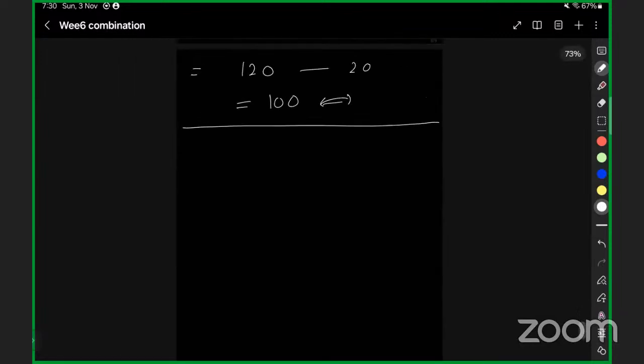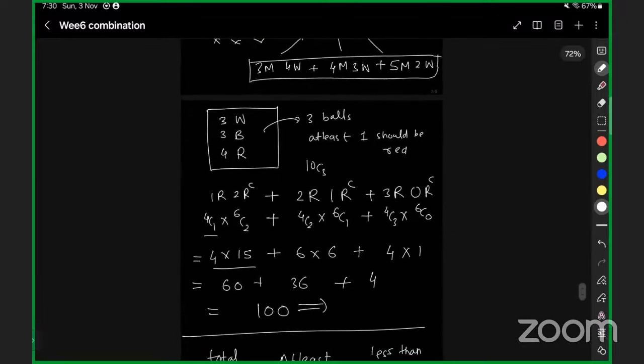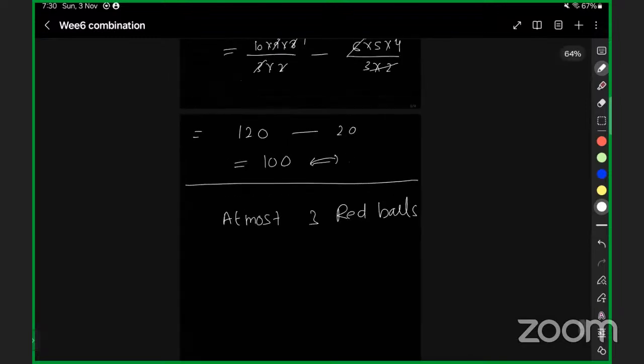Okay, what if we would have done, let's say, the same question? 3 white, 3 blue, 4 red. We can choose 3 balls, and at most 3 red balls you can pick up. Then what will you do? So in this, at most also, this condition actually applies.